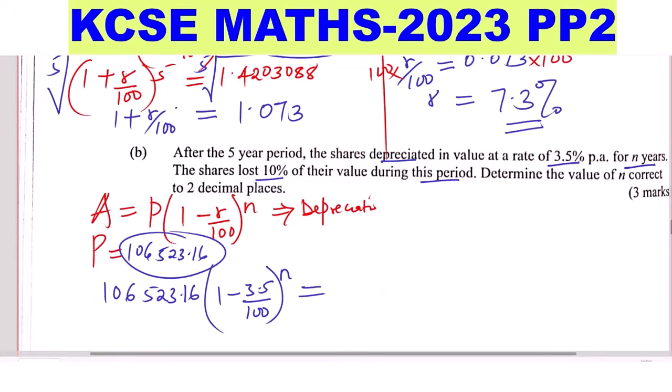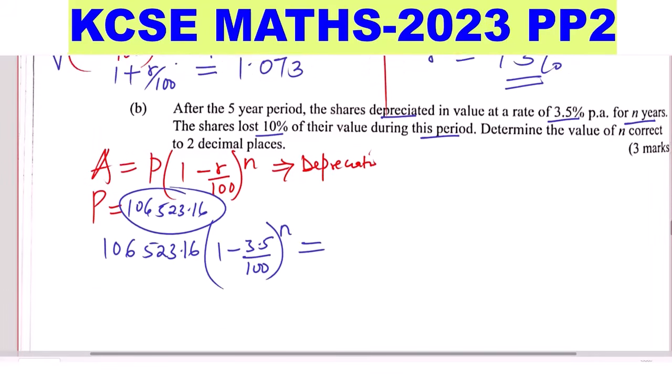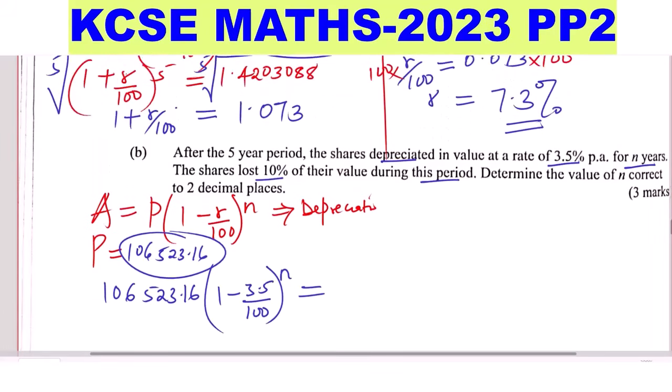Now from this statement, the shares lost 10% of their value during this period. 10% of what? It is 10% of the total value. So if it lost 10%, then what remained was 90%.